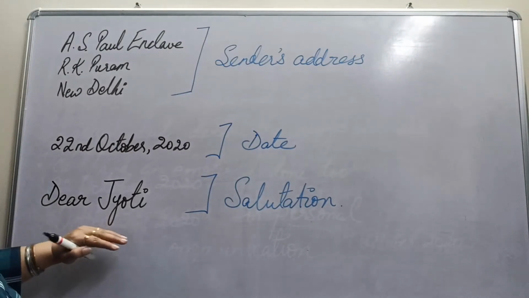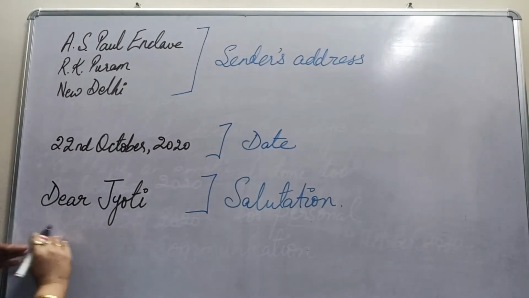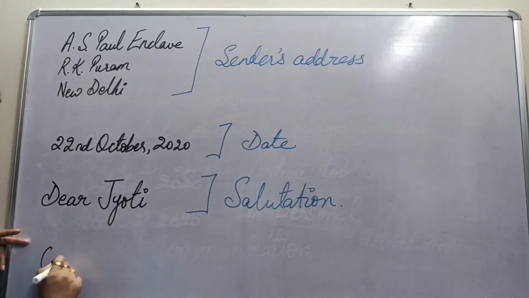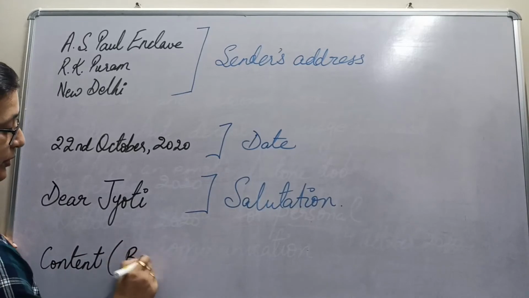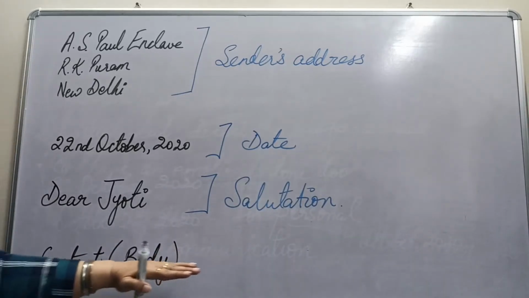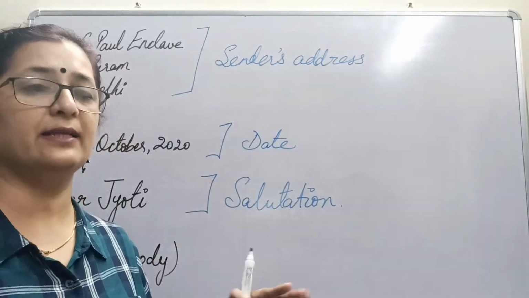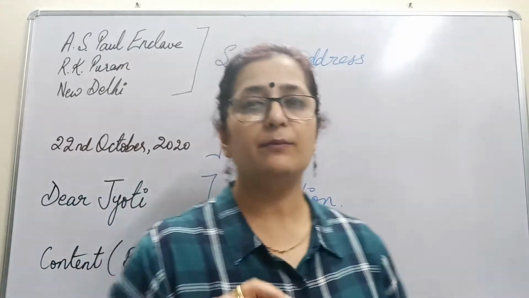After the salutation, you can leave a line and then come to the content part. You can leave a line again and then write the content of the letter, or you can also call it the body of the letter. This body depends on what the matter is. According to that, it should be a minimum of 3 paragraphs.